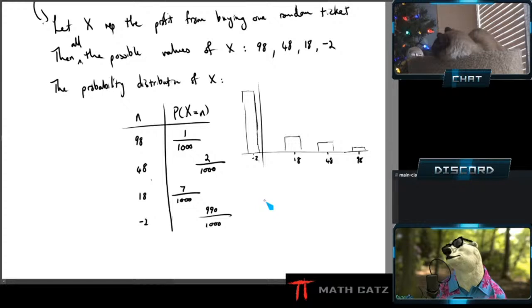Is it profitable for me? Just because I'm losing with a high probability doesn't mean this might not be a good game to play, because the value of the prizes factors into that decision as well. If the prize value is much more valuable than the ticket price, well, yeah, I have a small chance of winning it, but if I do win, then it's totally worth it, right?